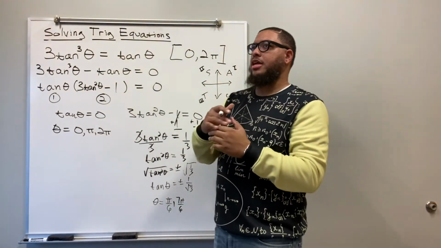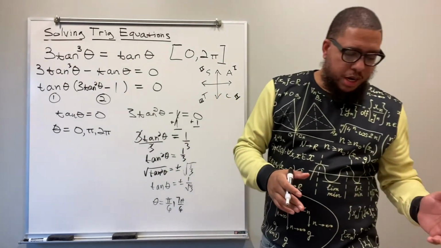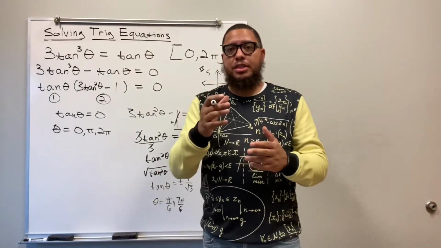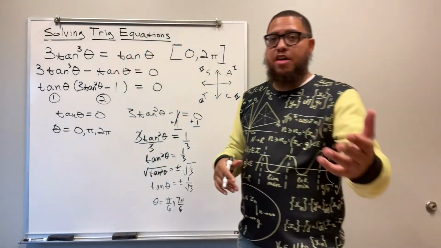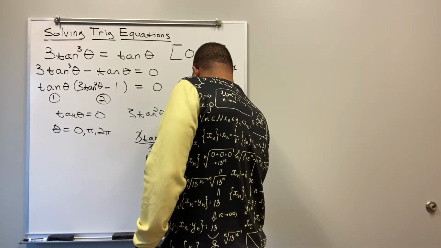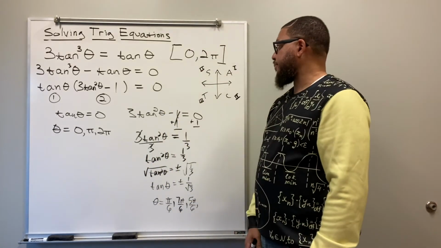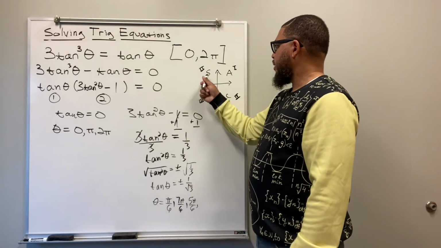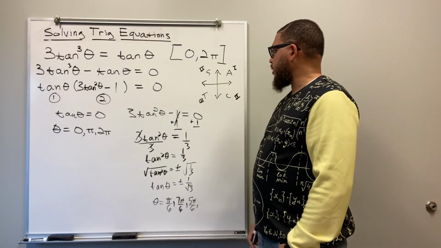That would be 180 minus 30, which is 150 degrees. You can figure that out by doing 150 times pi over 180. 150 is going to be 5 pi over 6. All right, that's in the second quadrant.